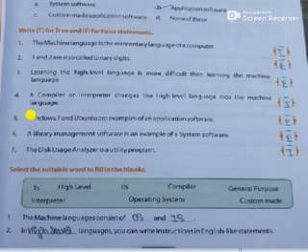This is saying that Windows 7 and Ubuntu are the example of application software. So that is wrong. They are not the example of application software, but they are operating systems, so they are system software. So your answer is false.